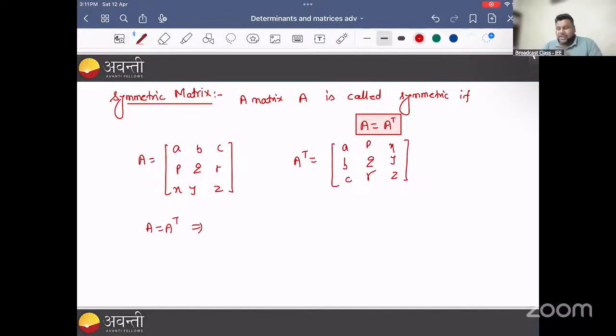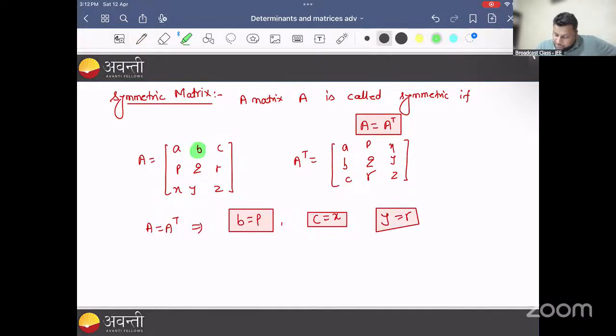If A equals A transpose, then B has to be equal to P, C has to be equal to X, and Y has to be equal to R. Yes or no? See, this B should be equal to this P, first condition.